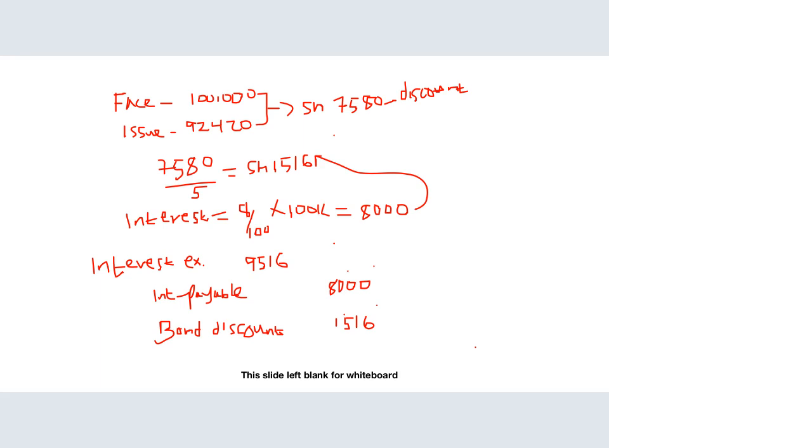Under the straight line method, the periodic interest expense and interest payable together with the amortization of bond discount does not vary over the periods. So it will be the same. For the first year, we'll make the same entry, second year, third year, until the maturity of the bond.